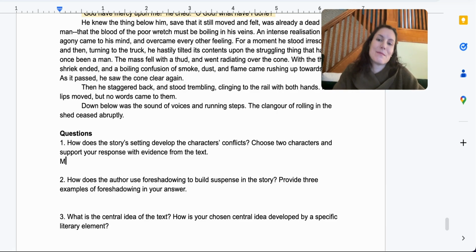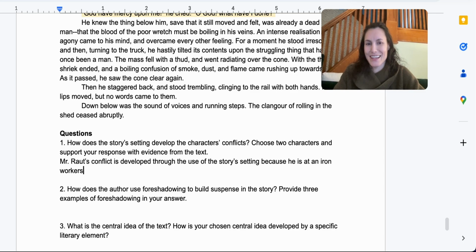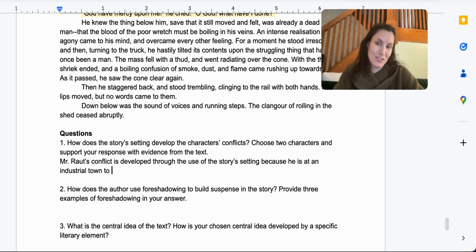So we could say Mr. Rout's conflict is developed through the use of the story's setting because he is in an industrial town to gain inspiration from the iron smelters. That's what I guess they would be called, smelters. From the iron smelters.